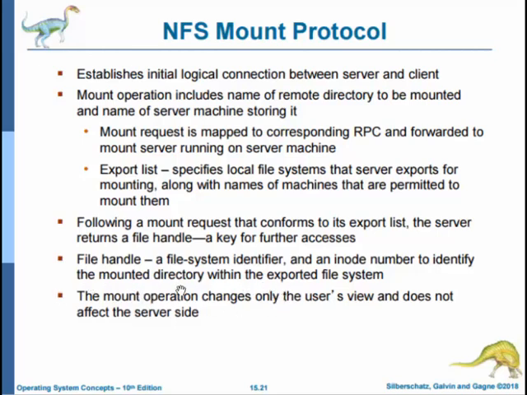In Unix terms, the file handle consists of a file system identifier and an inode number to identify the exact mounted directory within the exported file system. The server also maintains a list of the client machines and the corresponding currently mounted directories, and this list is used mainly for administrative purposes. So basically, the mount operation changes only the user's view and does not affect the server side.